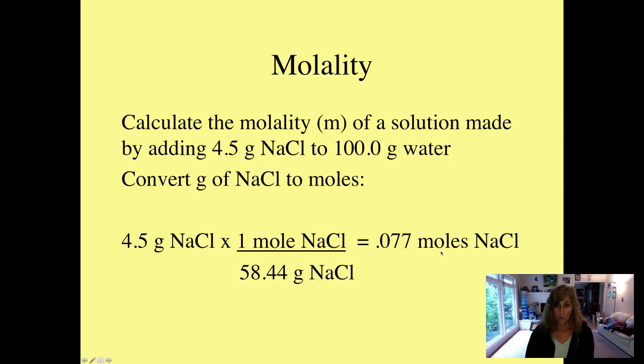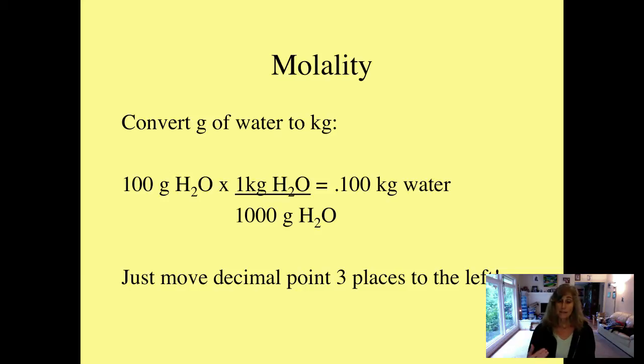So you're going to find moles. You can do that, right? Periodic table. But now this time, instead of moles over liters of solution, we're going to dissolve it in a kilogram of water. So here we're just showing grams divided by 1,000 gives us kilograms. So if you're given grams, convert it to kilograms, but not solution.